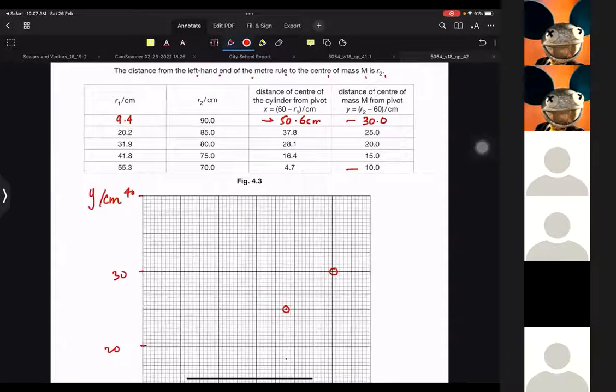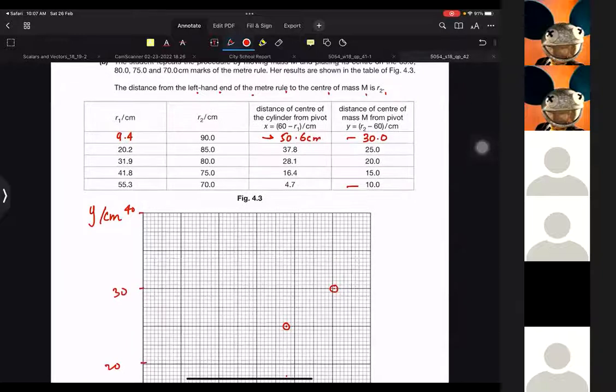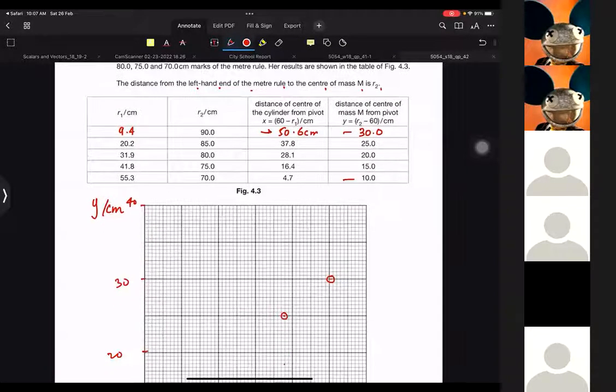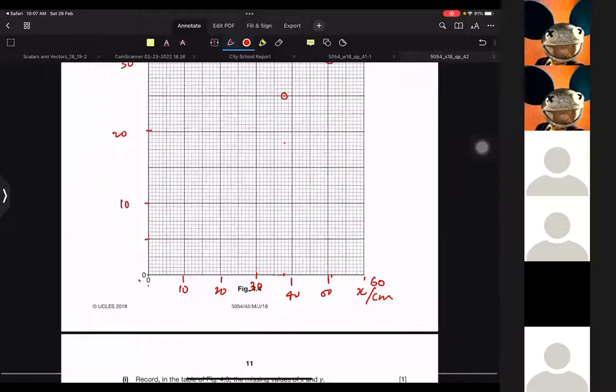And 28.1 and 20: 25, 26, 27, 28, and 20, I think would be here.